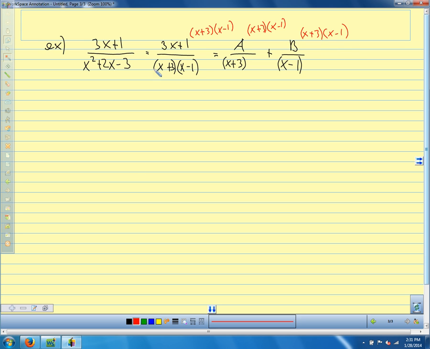On this side both of these cancel out. On this one, this factor cancels out, and on this one, that factor cancels out. So once I multiply by the least common denominator, I can write 3x plus 1 equals A times x minus 1 plus B times x plus 3.